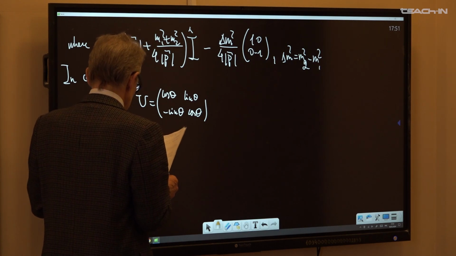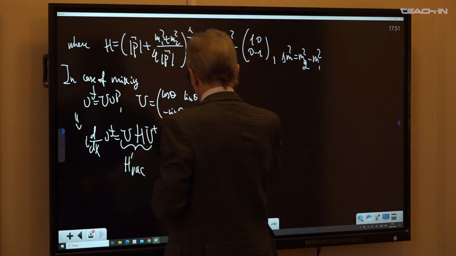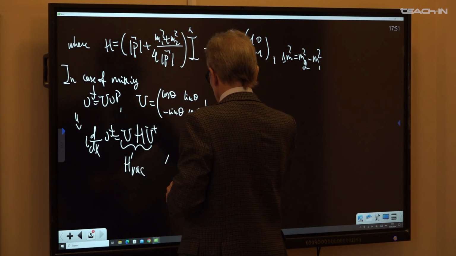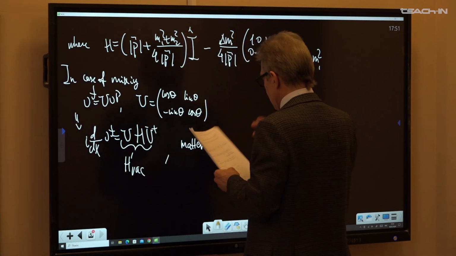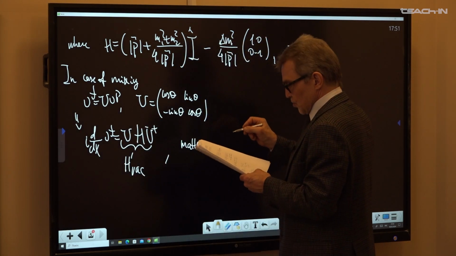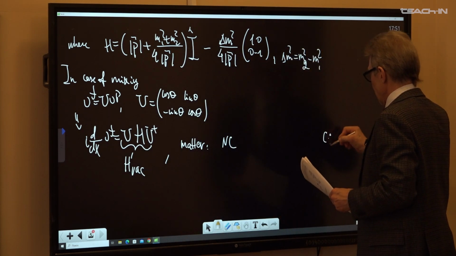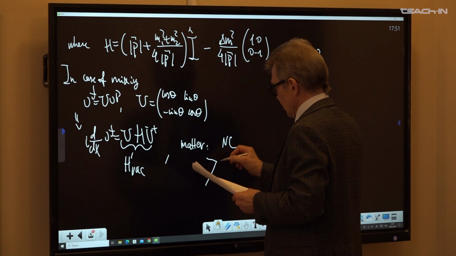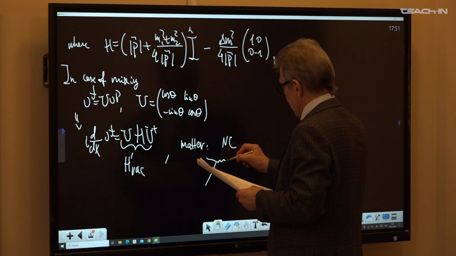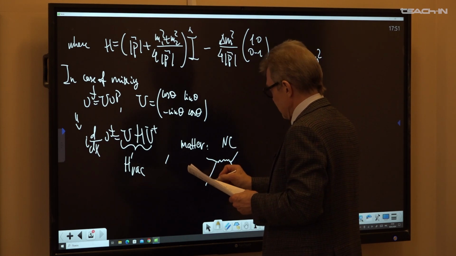We introduce matter. So there are two contributions, neutral current and charge current contributions. The neutral current contribution can be described like this.